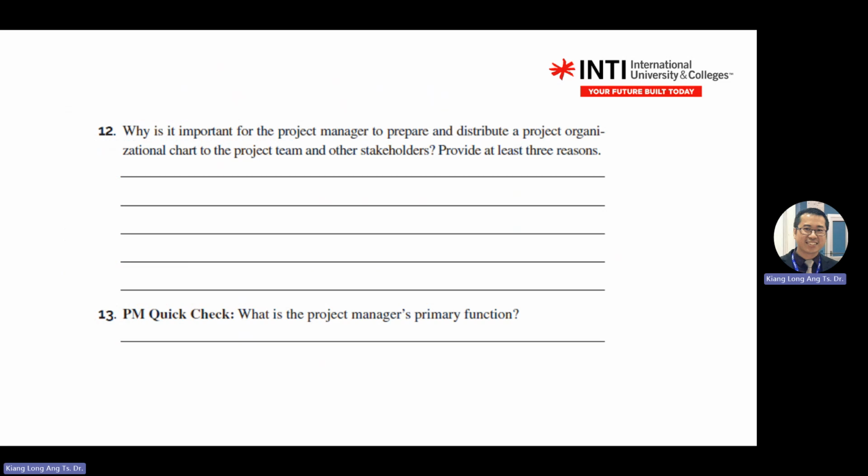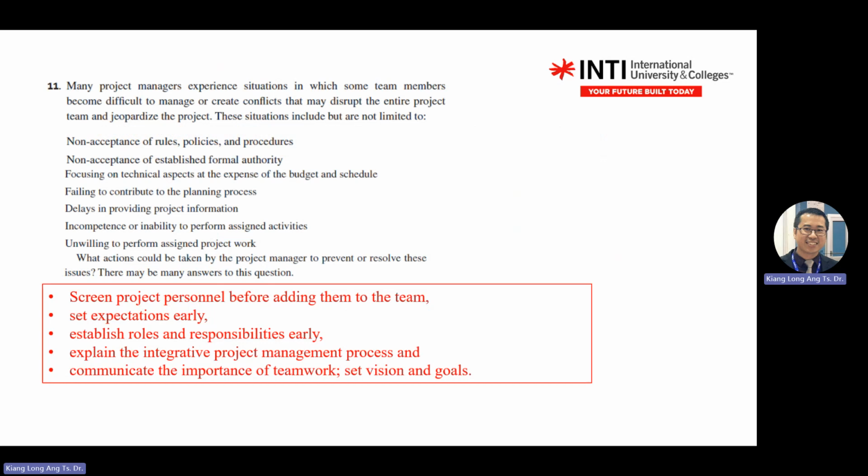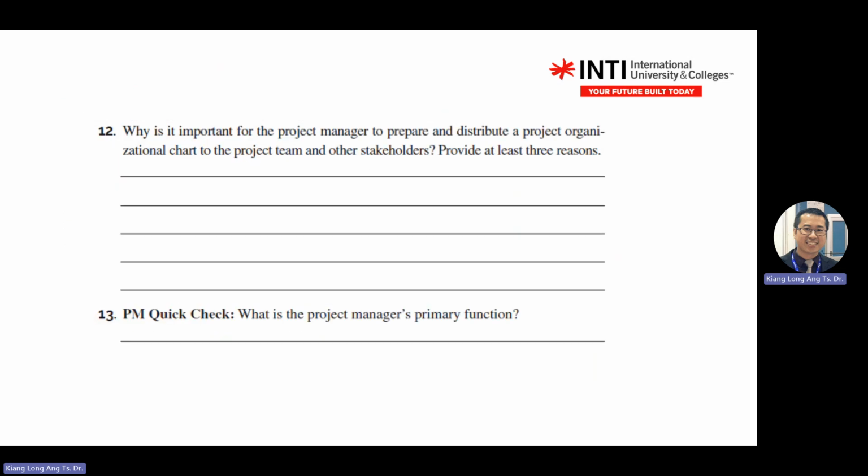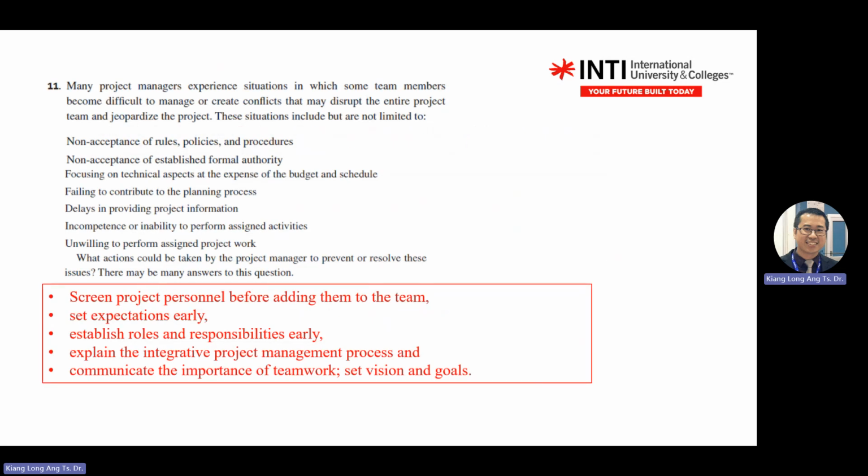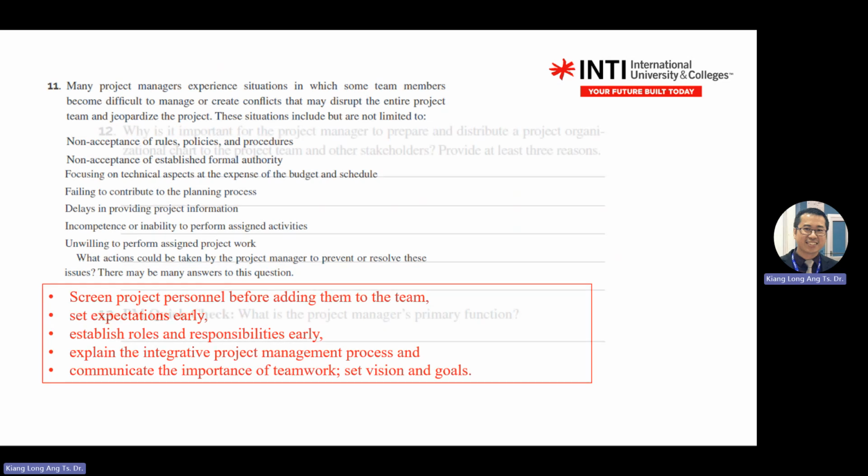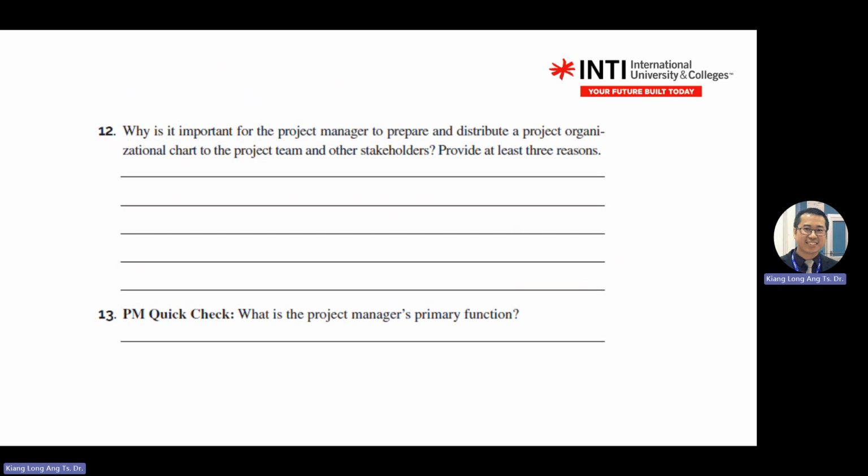Okay, number 12. For the 11, you refer to the question 1 answer, or question 3, the characteristic of this one. Why is it important for the manager to prepare and distribute the project organization chart? This question asks you the role, the purpose of the organization chart. What is an organization chart?